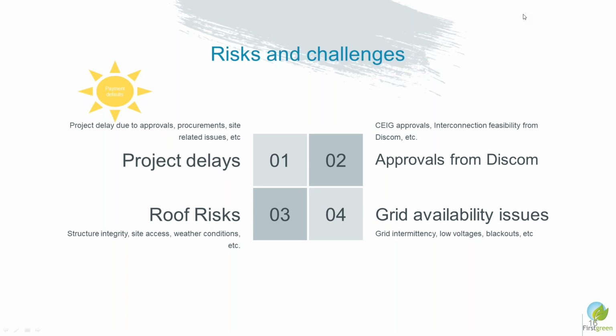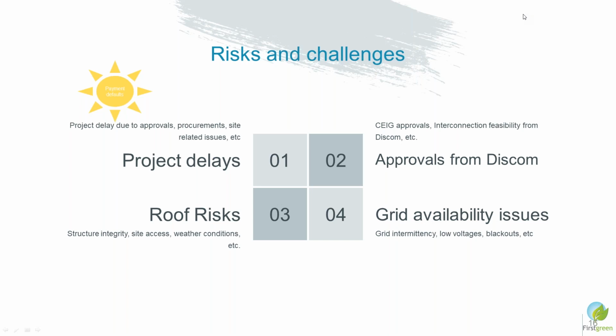At times we have seen that the project is installed and some approvals are pending, and you are not able to generate electricity because you don't have the CEIG approval, or net metering approval is not there, or interconnection feasibility has not been given. There are various issues which need to be taken care of, so that your project does not face these types of risks.